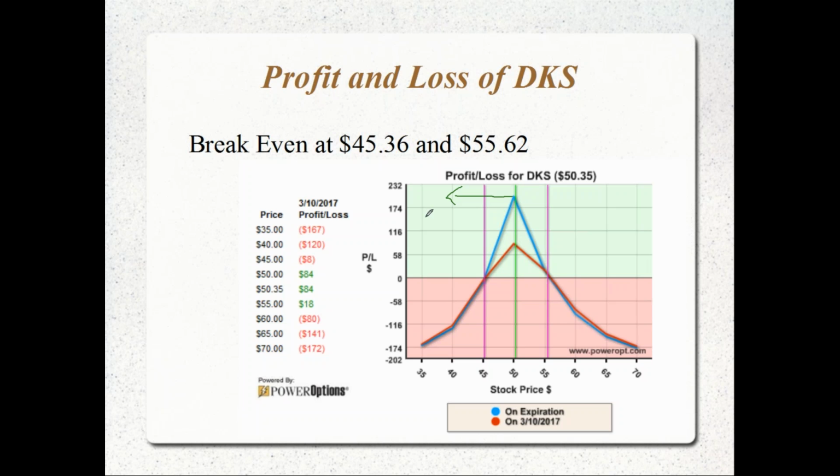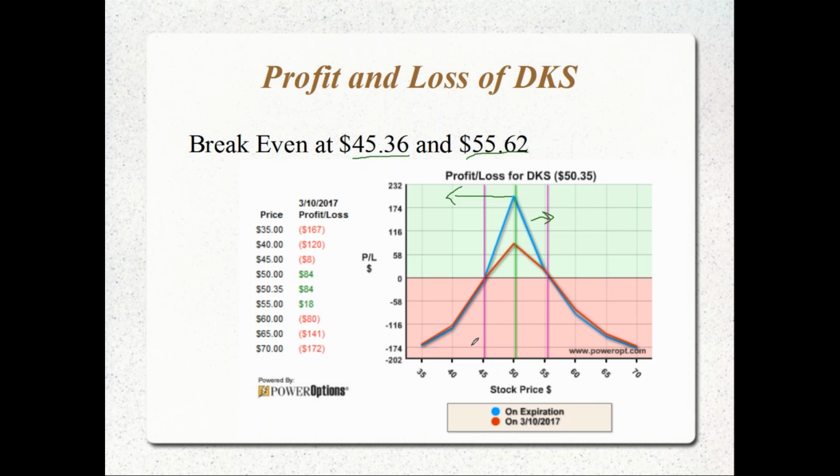The horizontal spread will likely always give you an upper and lower break even. We have two ways to lose. We can lose if the stock falls. In this case, our lower break even would be about 45.36 at March expiration. The upper break even in this case was at 55.62 if the stock moves up.